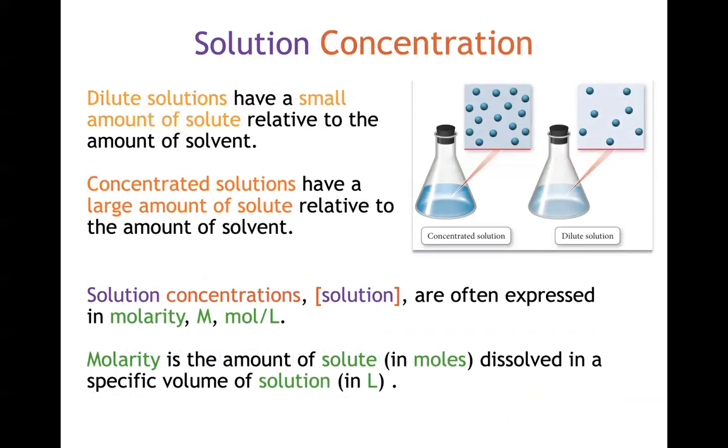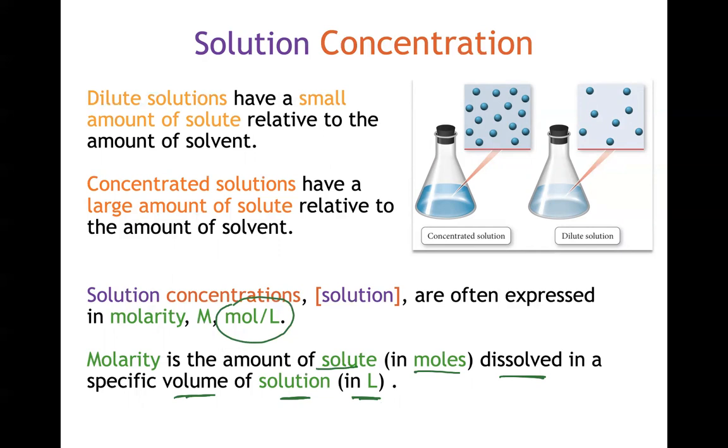So we said that we could describe a solution in terms of molarity, or the amount of solute in moles that's really dissolved in a specific volume of solution in liters. So molarity has the units moles per liter, right?